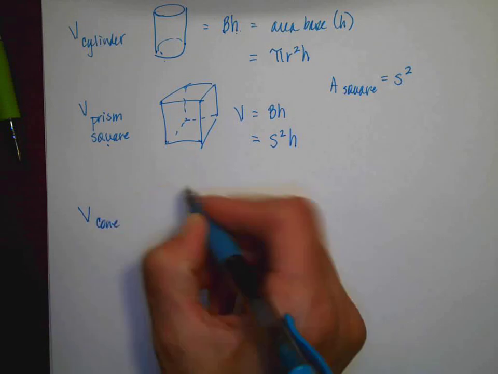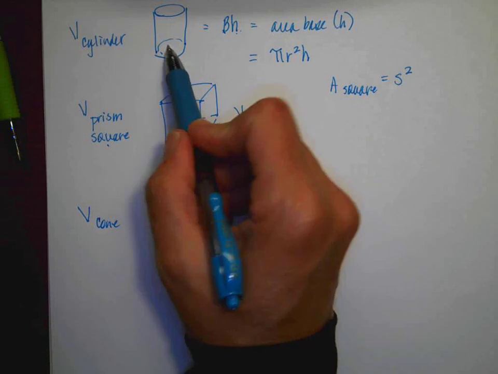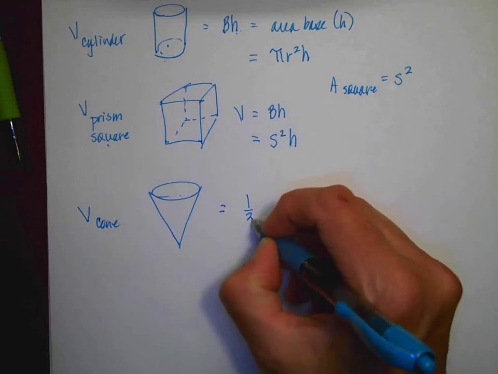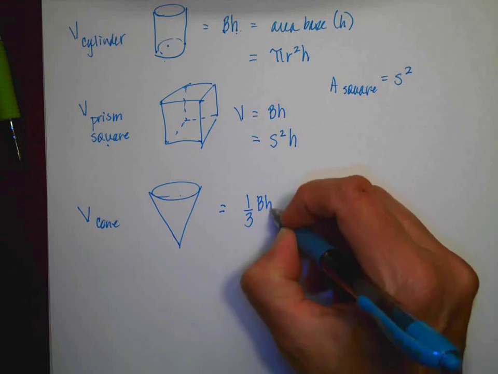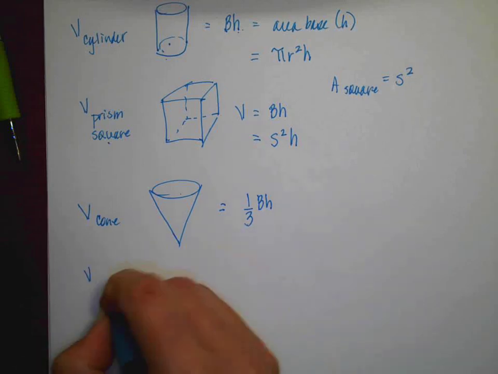That being said, the volume of a cone. So let's say I have a cone, and this cone fits in here. There are actually 3 of them per cylinder if I have the same radius and the same height. So it's 1/3 the area of the base times the height.